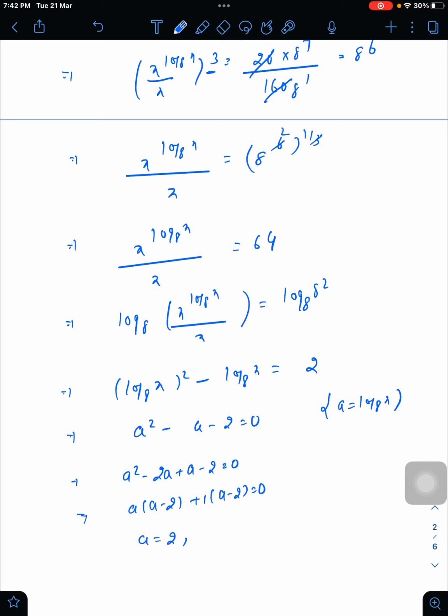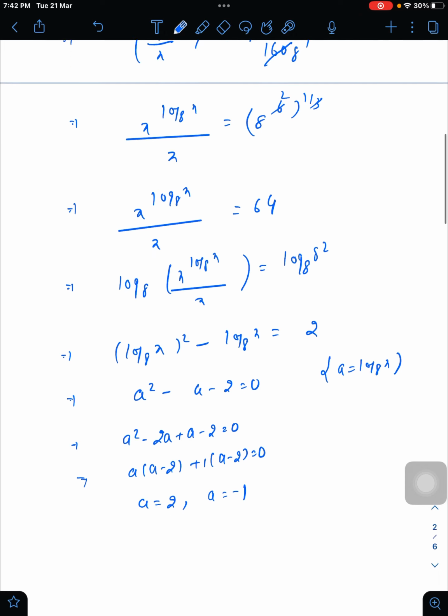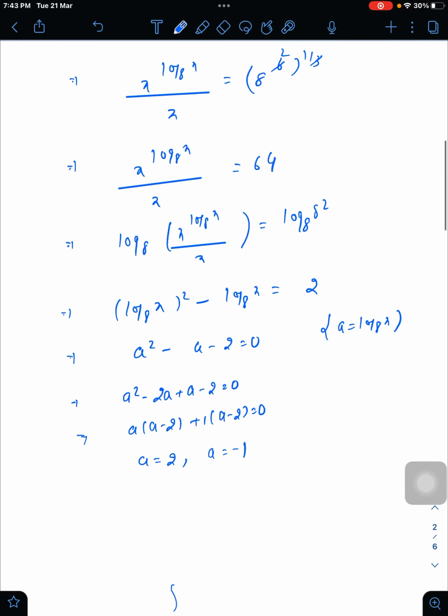So I get a equals 2 and a equals minus 1. If a equals 2, log 8x equals 2, so x equals 8 square, that is 64. If a equals minus 1, x equals 8 to the power minus 1, that is 1 by 8.